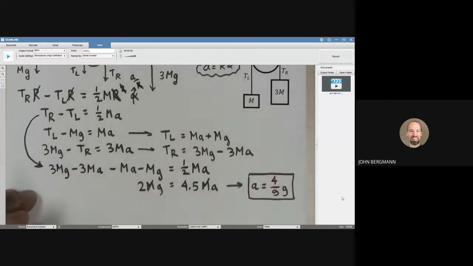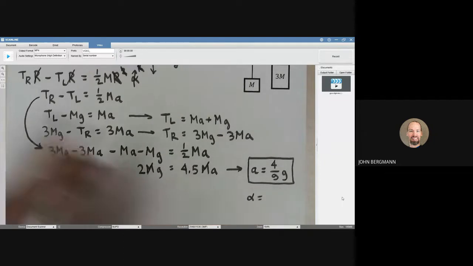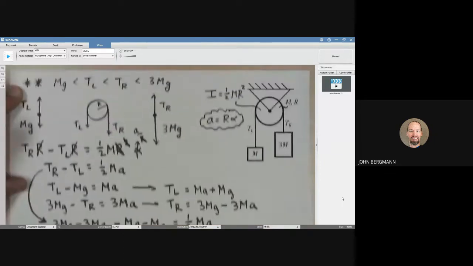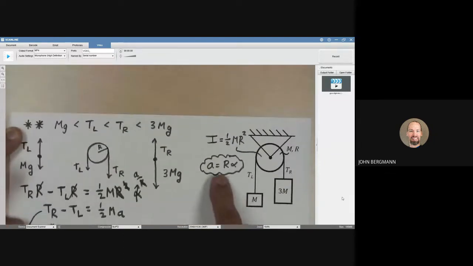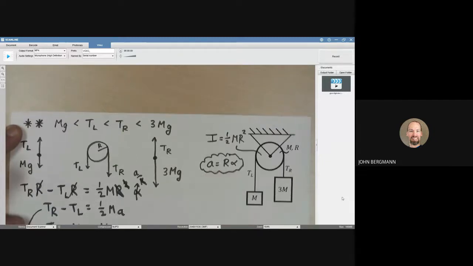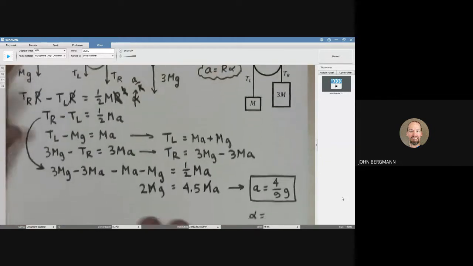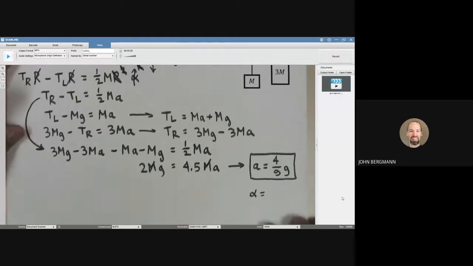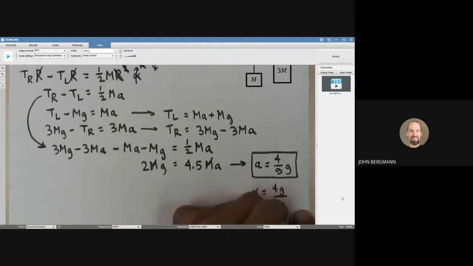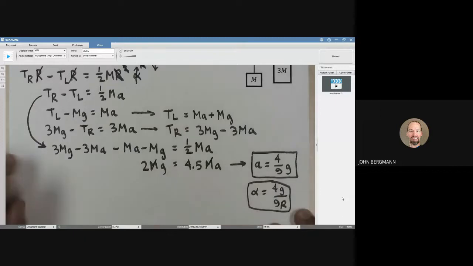That's the acceleration. Alpha, let me scoot back up to the top of the screen here. Alpha is just the acceleration divided by r. So if we know what the acceleration is, then we know that we're going to get that for alpha.